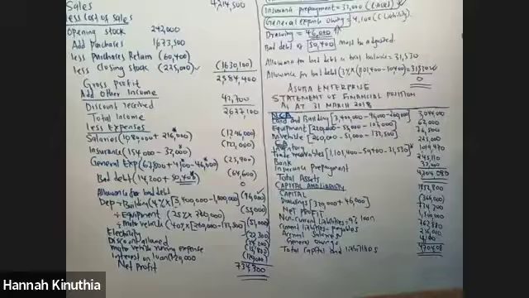You need to do the adjustment twice, one in the income statement and one in the statement of financial position, so it should have a double entry. If you don't remember that, then your question will never balance. Are we okay? So that's all about the sole trader.